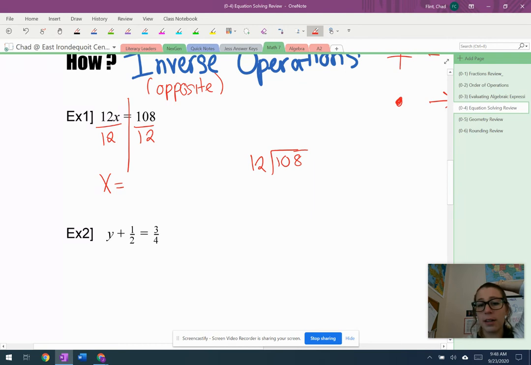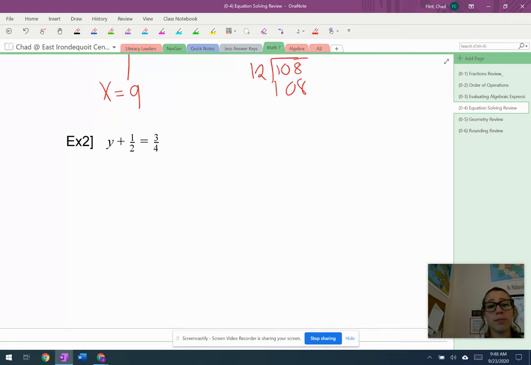It can't be 10 because 10 times 12 is 120, so it's got to be 9. So x is equal to 9. It's important when you're doing this that you're showing me that little bit of work and that you're writing your answer as variable equals.